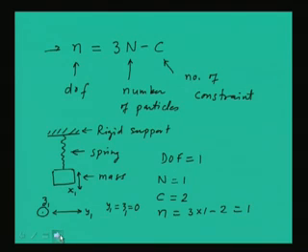Let us see some more examples, like if there is a pendulum. This is a massless cord and there is a mass attached here, and if we give a disturbance to this pendulum like this, it will oscillate on one particular plane.